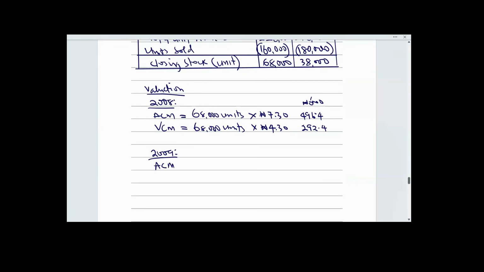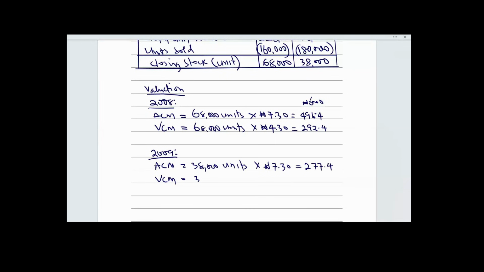ACM, variable costing method. In 2009, 38,000 units were unsold, multiplied by 7 naira 30 kobo. What do you have? 277.4.